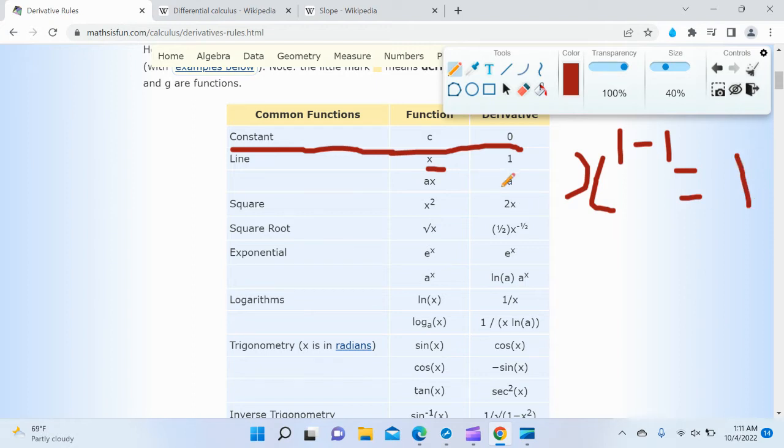So the differentiation of x is 1. In the same way, differentiation of x square will be 2x, basically power 2 minus 1. So if it's x square, what will be the differentiation? We simply have to remember it. 2 will be multiplied.